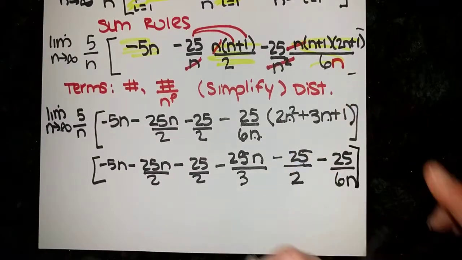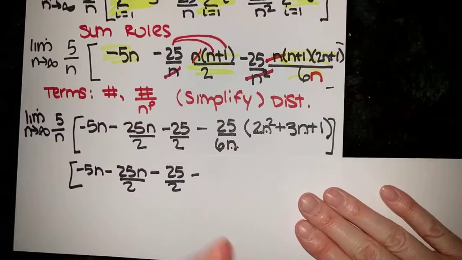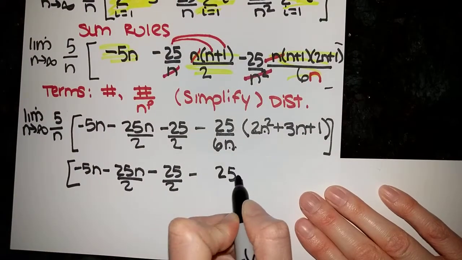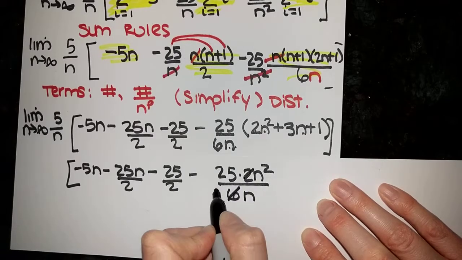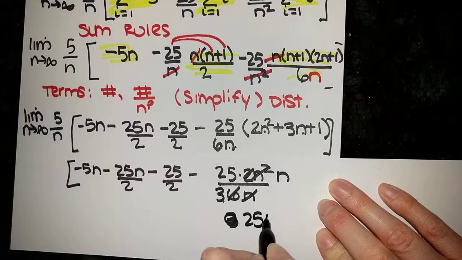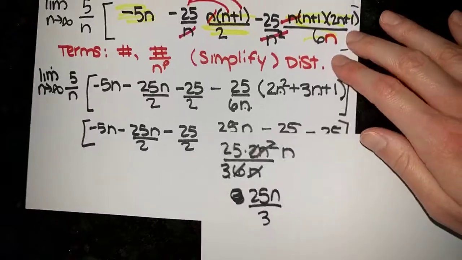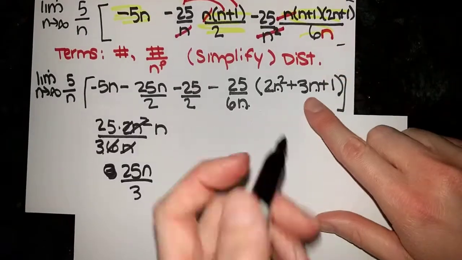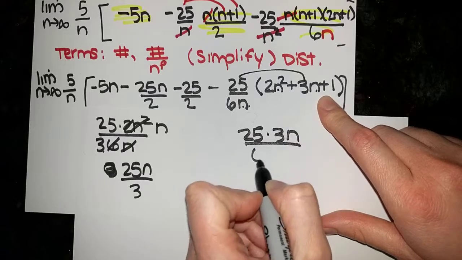I do want to just say, I was thinking for a moment, maybe I should have done this. You can break this up into 2 steps. You can say it's like 25 times 2n squared over 6n, and then see that this 2 cancels, this cancels, so you get 25n over 3. That might be a little easier than trying to do it all in your head. And the same thing goes for this second distribute step, I have 25 times 3n over 6n.